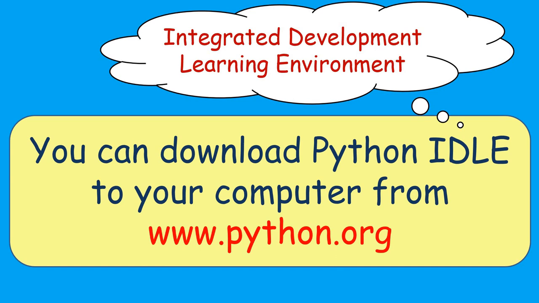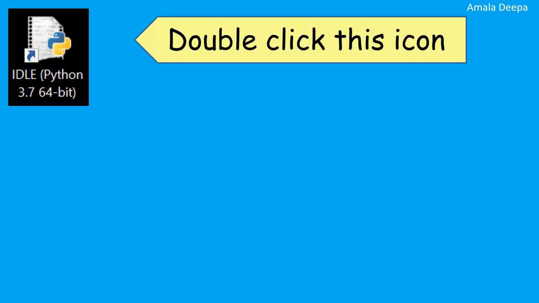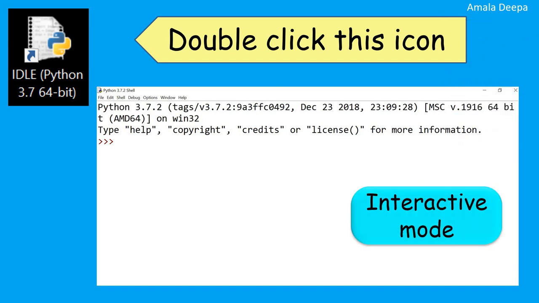Once you install Python in your computer, you can see the icon on your desktop. Double click this icon. The Python shell will appear. This is called the interactive mode.